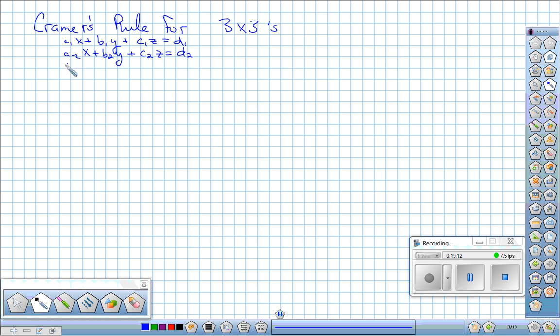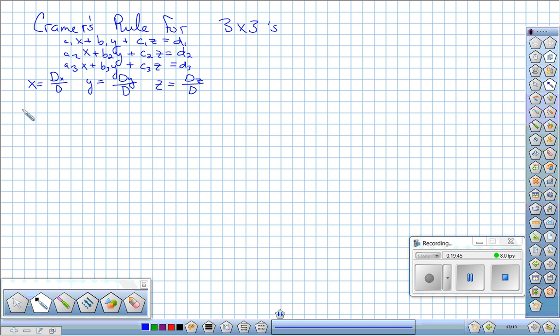And then I have a3x plus b3y plus c3z equals d3. Basically the same things: x equals dx over d, y equals dy over d, and z equals dz over d.